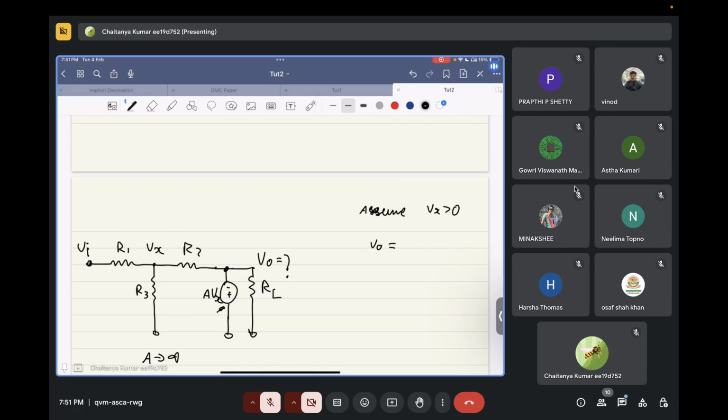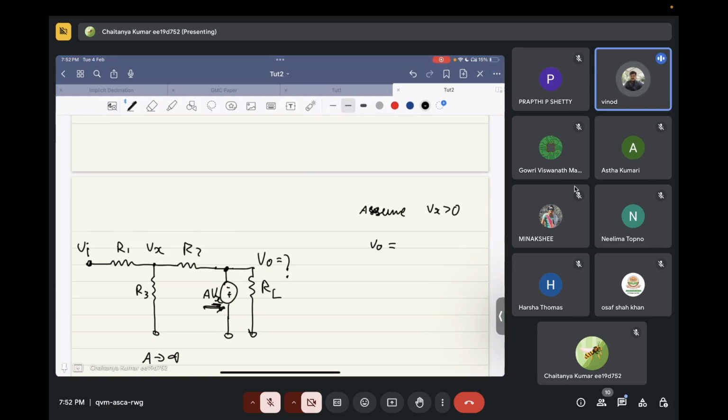This is a voltage controlled voltage source, right? If you have a voltage controlled voltage source, what will be your output voltage? V naught is equal to A times Vx. Is V naught A times Vx or minus A times Vx?